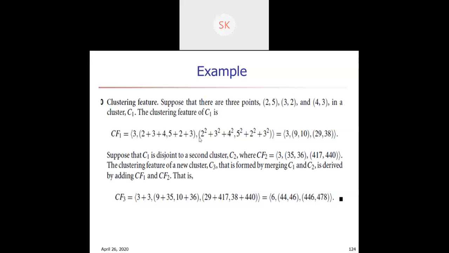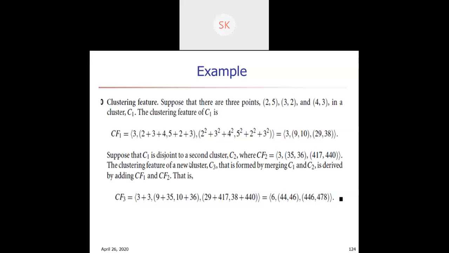This is the LS. Next, for SS, we take 2 square plus 3 square plus 4 square, comma, 5 square plus 2 square plus 3 square. So CF1, the clustering feature for these points, will be (3, (9,10), (29,38)).